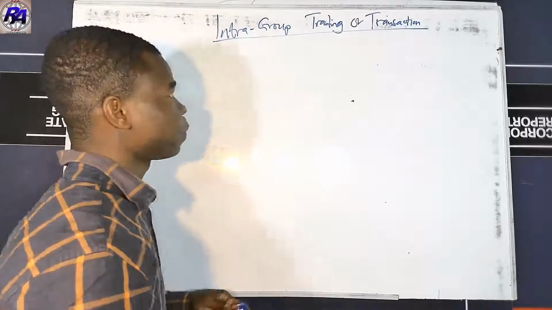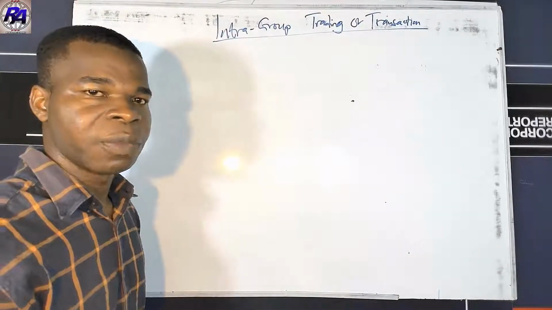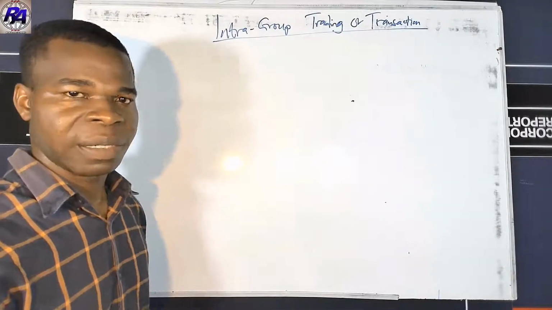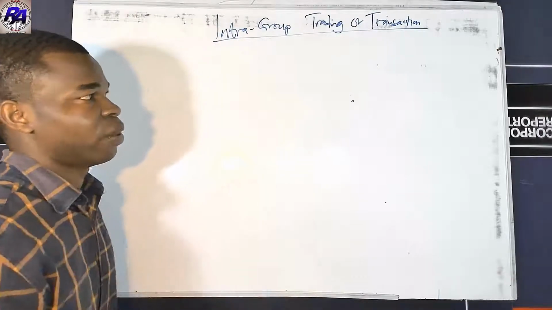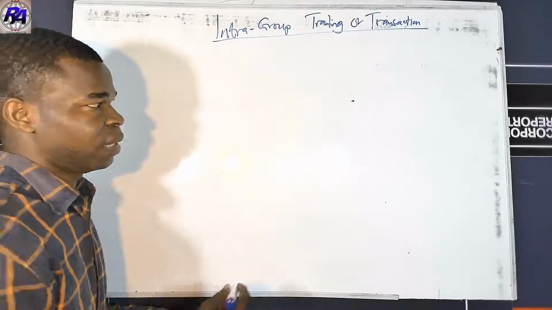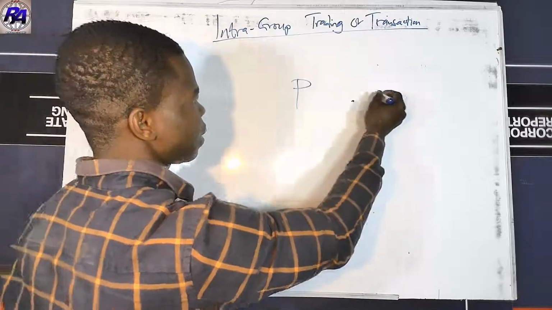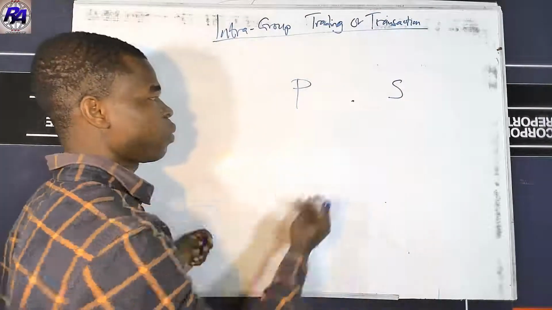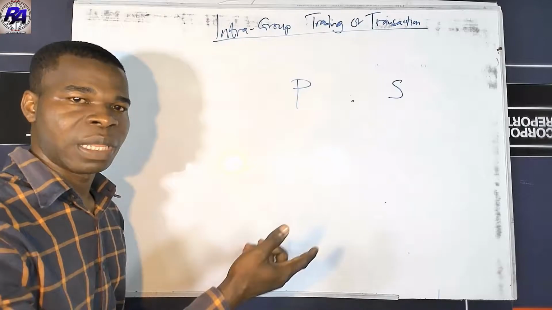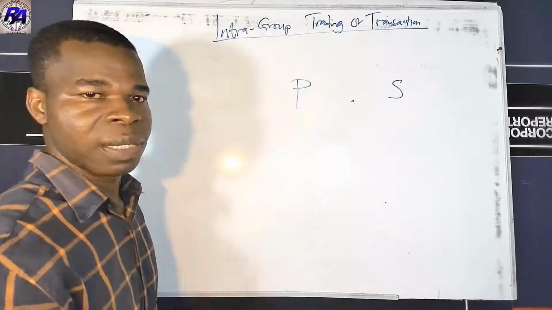Right. So intra-group trading. Now, what is intra-group trading or intra-group transaction? For the purpose of this lesson, let's use a parent and a subsidiary. A group can have more than two entities comprising the group.